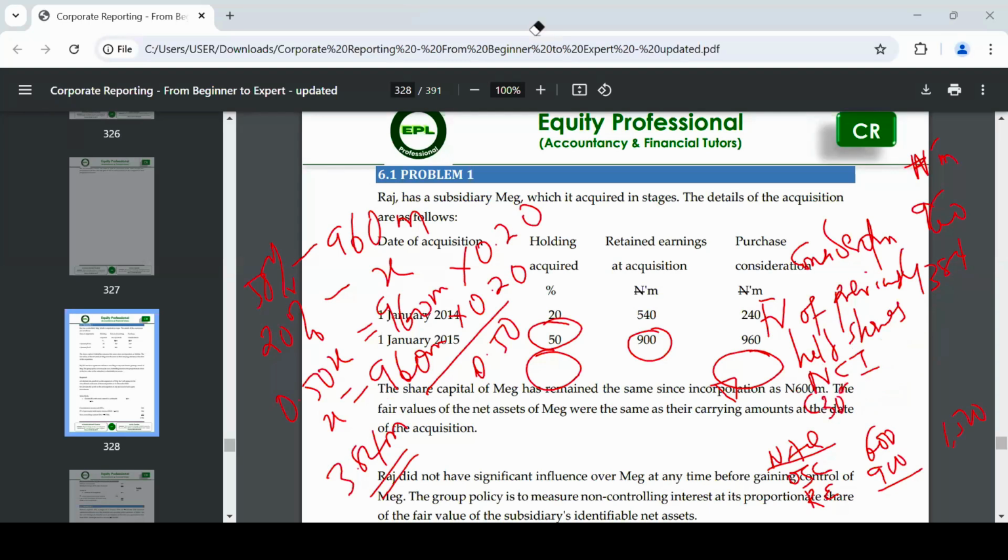NCI is now 30%. 30% of what? 30% of 1.5. If we calculate 30% of 1.5, what we get is 500, if I'm correct. Is it 500? Doesn't look like it; 500 times 30%, 450 rather. What we get is 450.